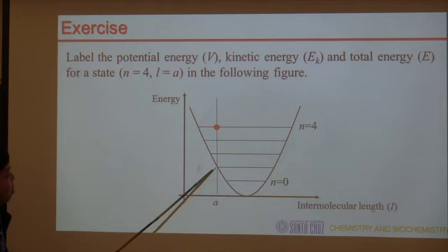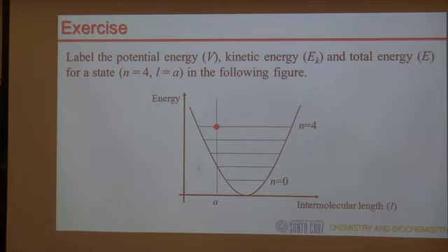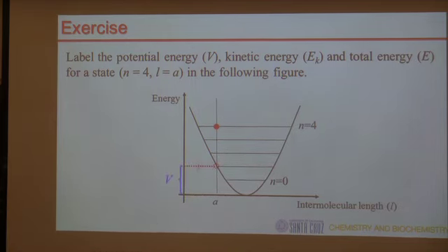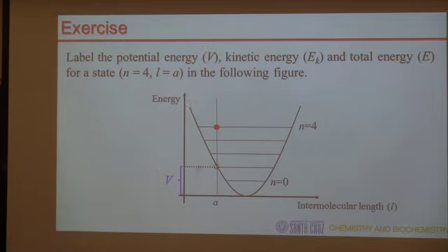If you read from here, you get this length, which is the potential energy. You simply draw a line and read from this point. This is read from the curve because this curve means potential energy.